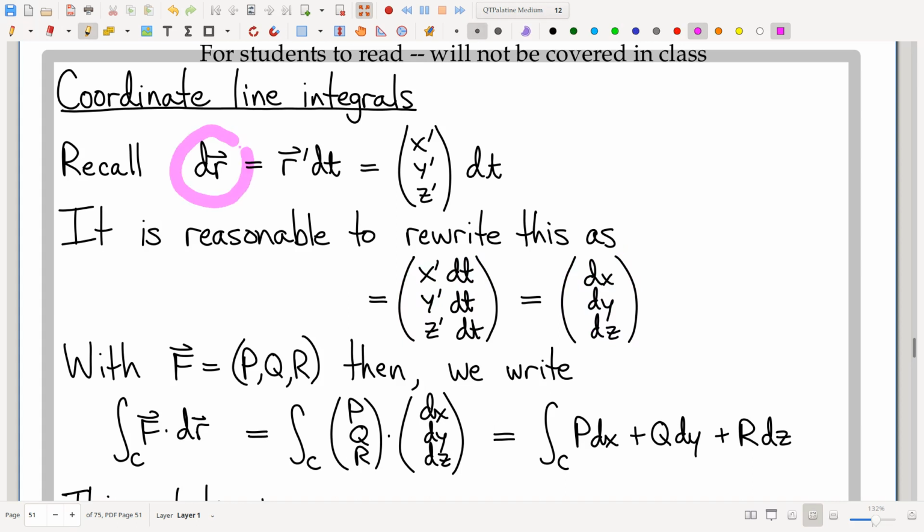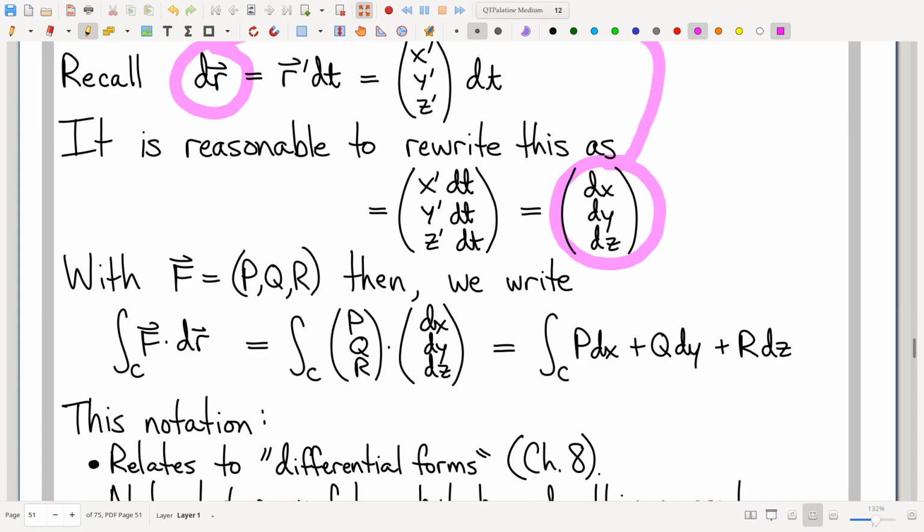And so what we have for our first time now, we have a coordinate representation of our vector differential dr for vector line integrals. So what we do with this, now this is just notation, but that dr, again, I can write it out in coordinates, dx, dy, dz.